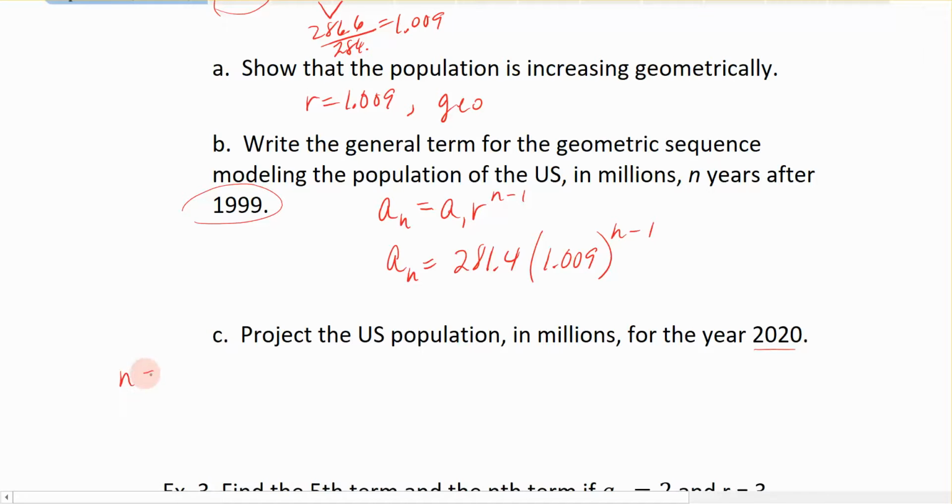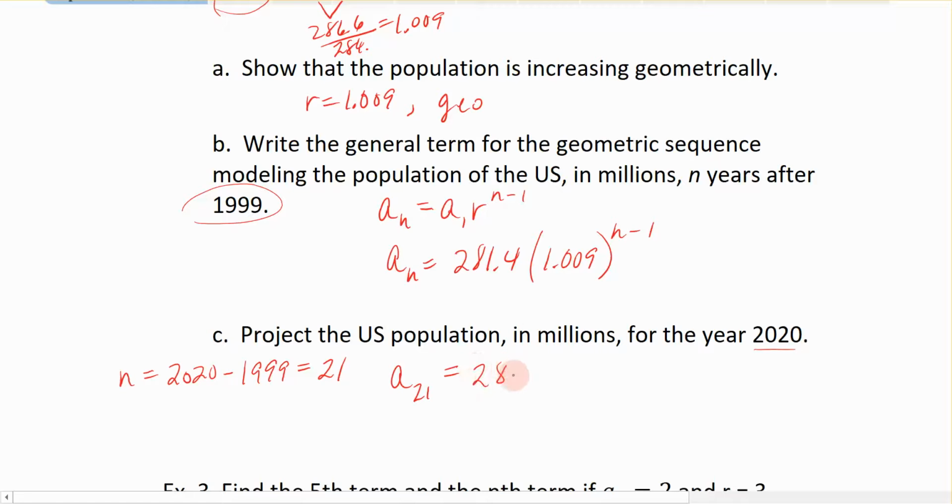So n would be 2020 minus 1999, and that's going to be 21. So n is going to be a sub 21. We're going to find out what a sub 21 would be in this sequence using the model right here.